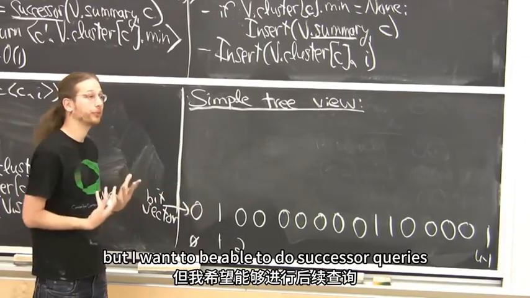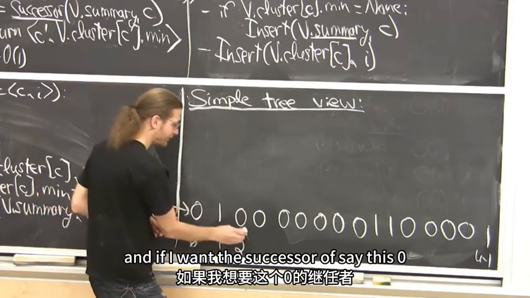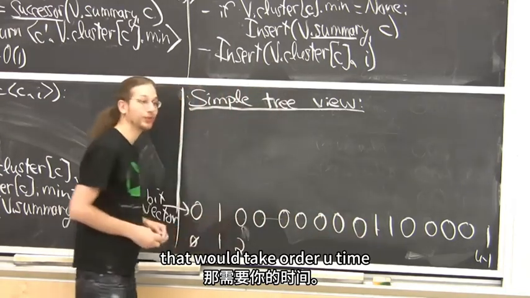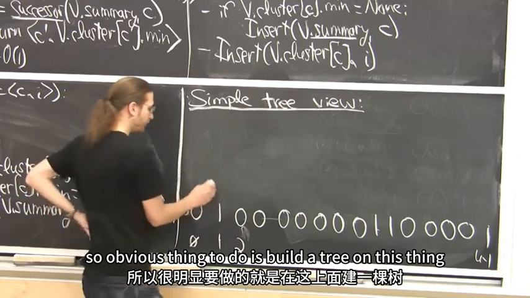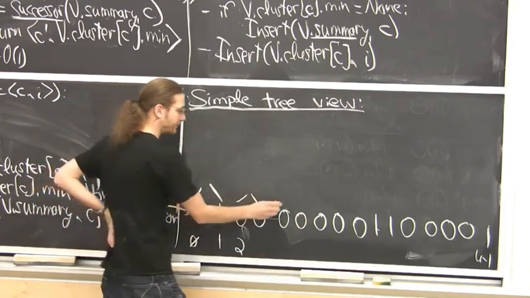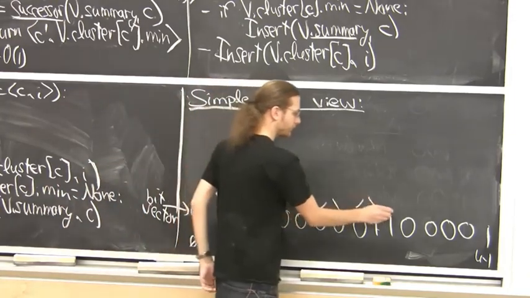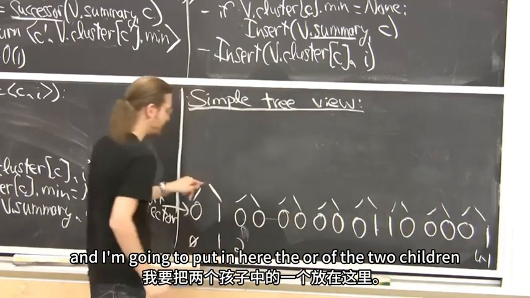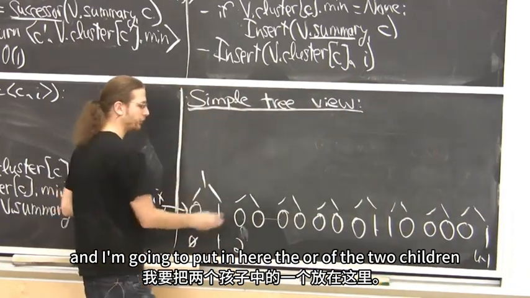But I want to be able to do successor queries. And if I want the successor of, say, this 0, finding the next one, I don't want to have to walk down. That would take order u time. Very bad. So the obvious thing to do is build a tree on this thing. And I'm going to put in here the OR of the two children.